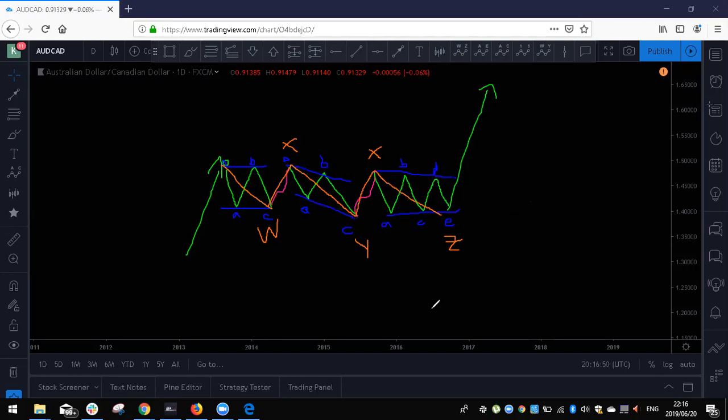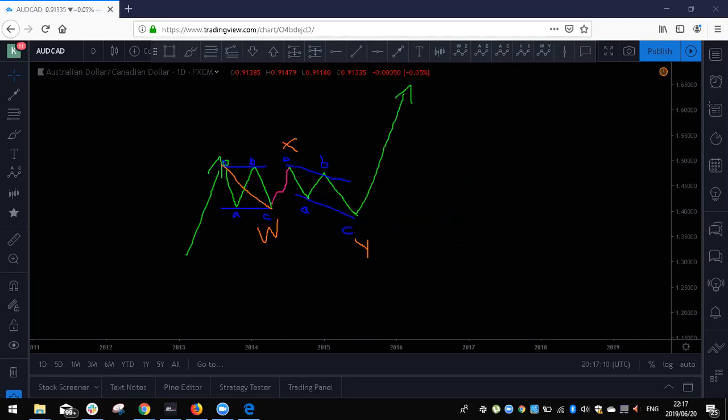But if you have a double correction, like say you don't have that triangle, like this, it only becomes WXY.